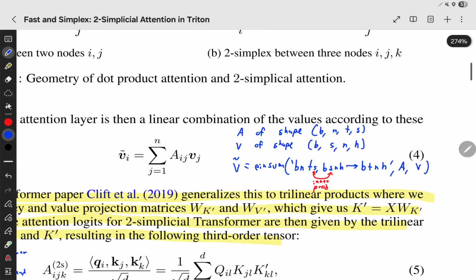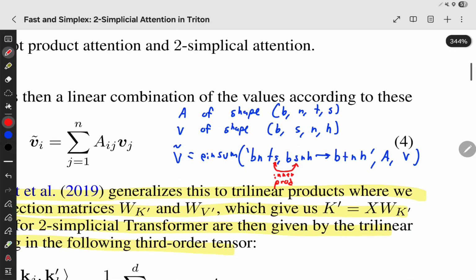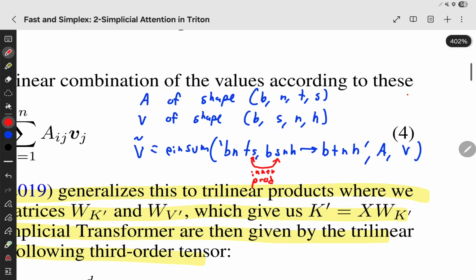And then the final thing you do is the value product. And again, I want to talk about the einsum notation. So using the A we had above, you apply softmax to A, and then you want to do a product with the values. If this is T by S, and this is S by D, or I guess here H, you would do an inner product on S to get your output. To do that, you specify the shape of A, the shape of V, and the output shape you want.